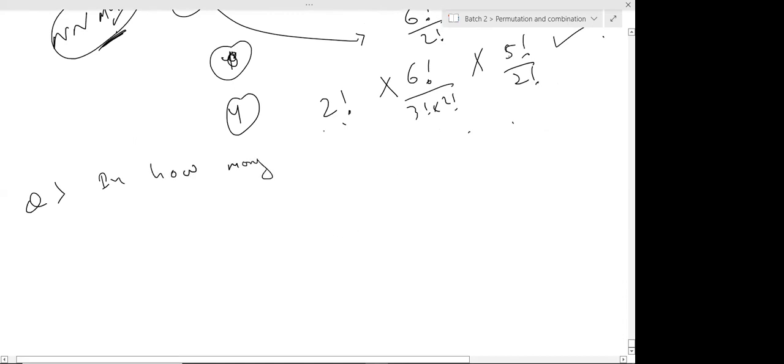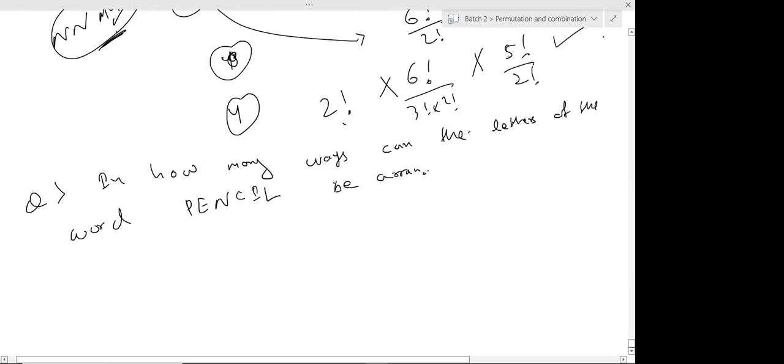In how many ways can the letters of the word pencil be arranged so that N is always next to E?